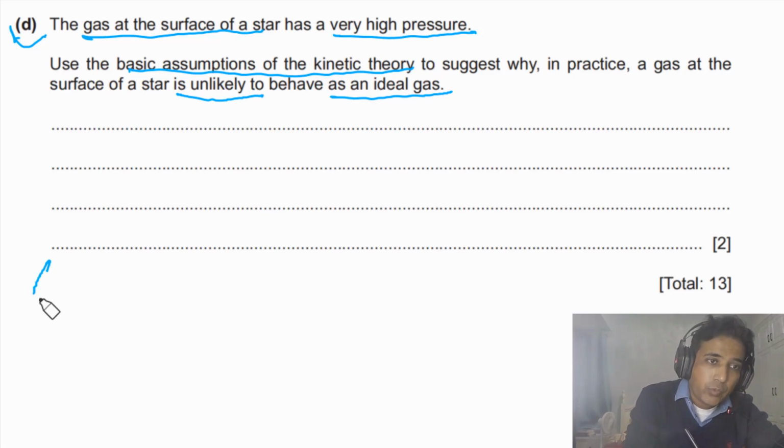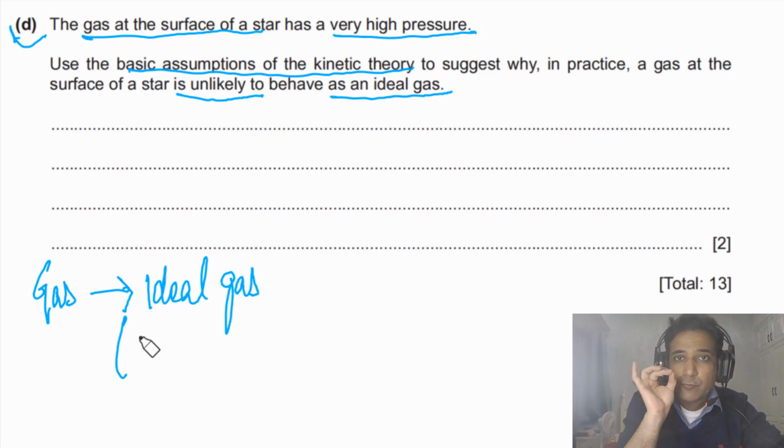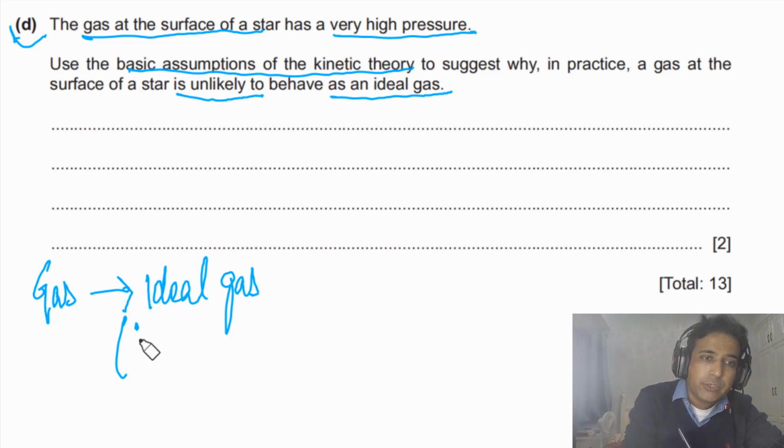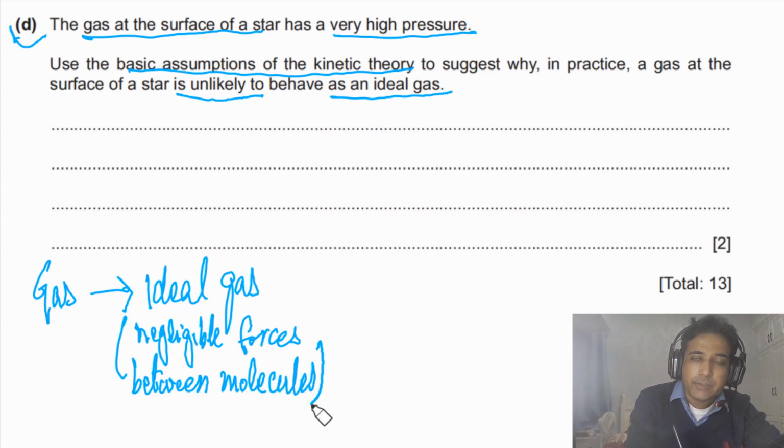A gas can behave as an ideal gas if there are negligible forces between molecules. This is condition for an ideal gas.